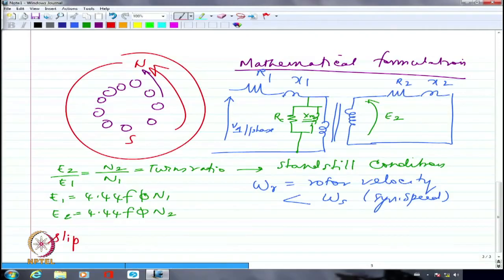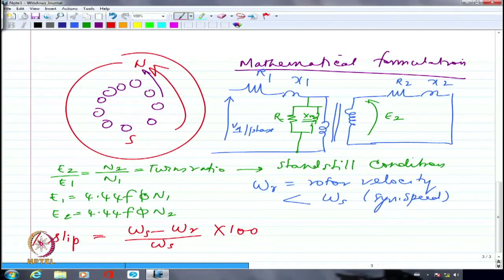Slip is defined as the difference between the revolving magnetic field speed and the rotor velocity. So slip is equal to omega s minus omega r, but generally it is expressed with respect to omega s, because omega s is a fixed quantity for a given frequency and a given number of poles. And I can express it as percentage slip, in which case I multiply by 100.